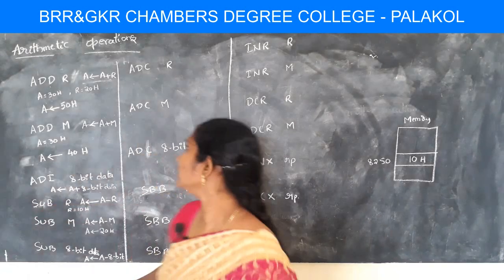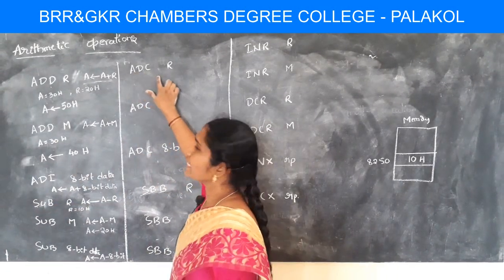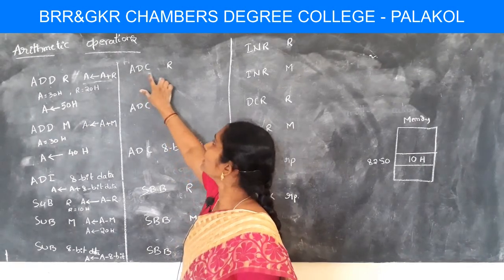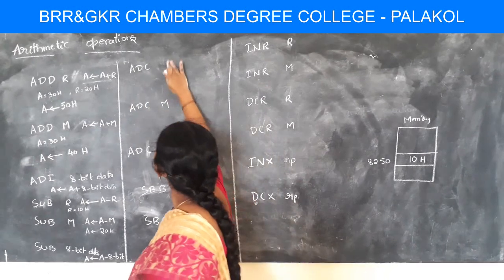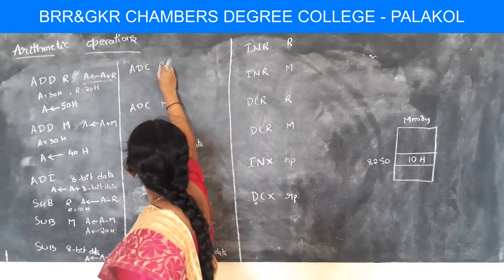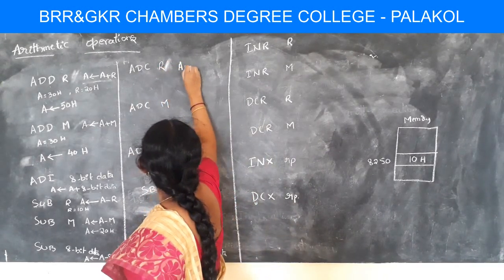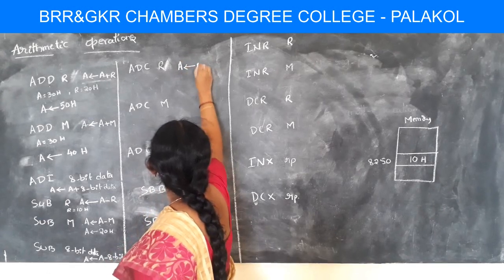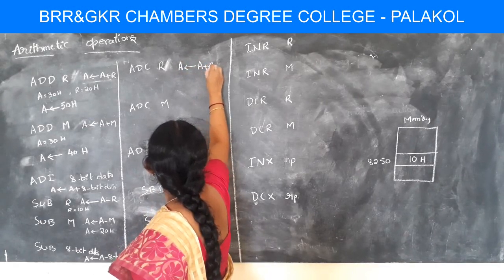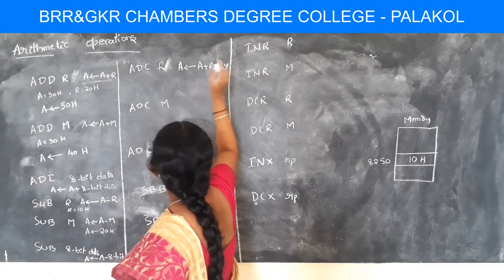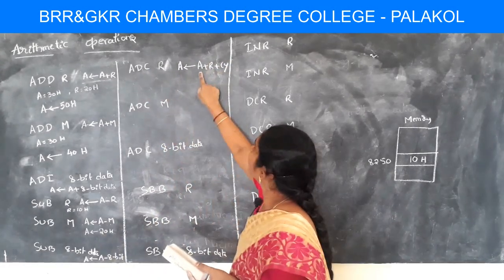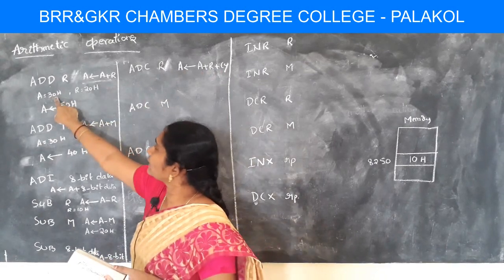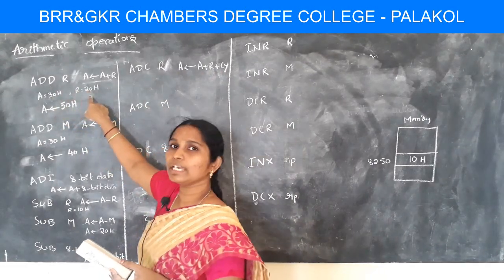Okay. And after that, ADC R is nothing but add carry to register. So the meaning of this instruction is A becomes A plus R plus carry, where C is the carry. For example, A is 30 and R is 20.